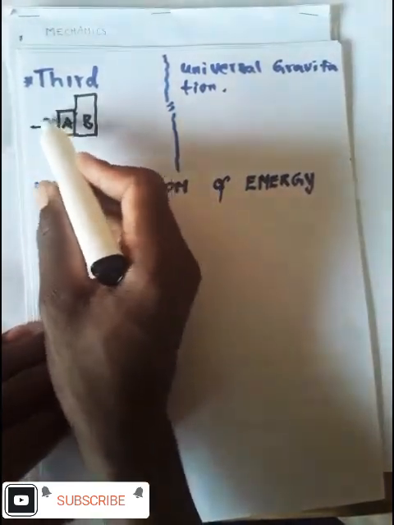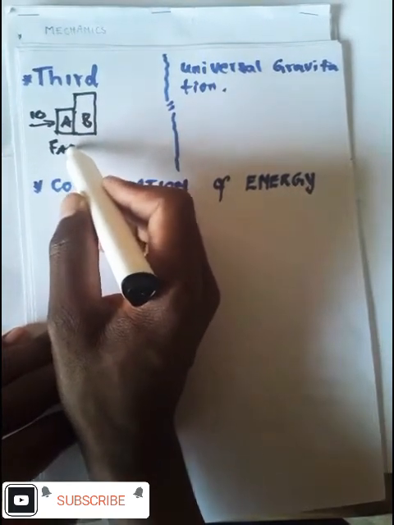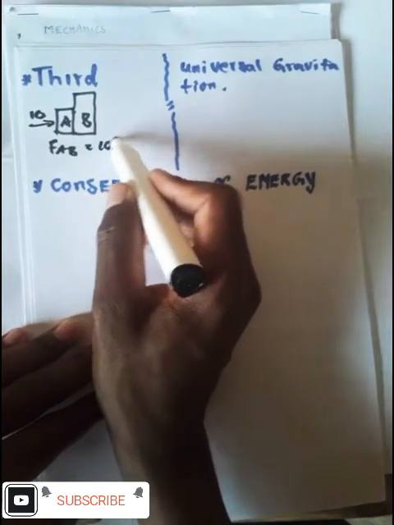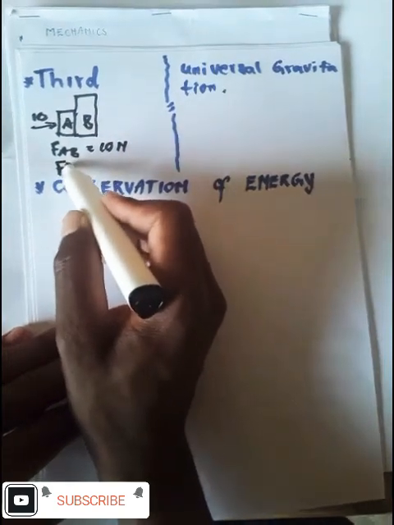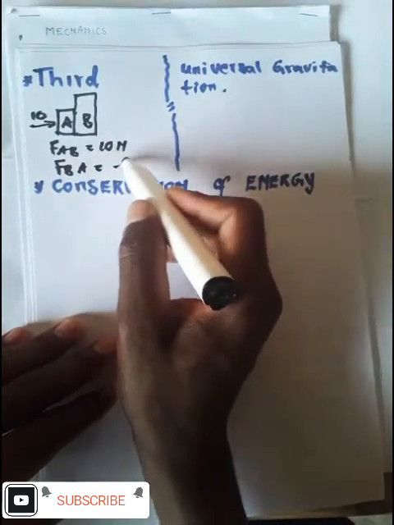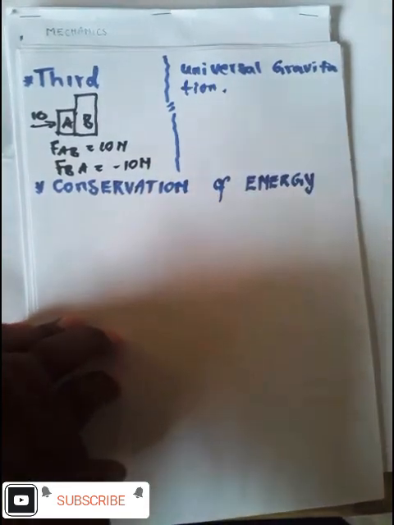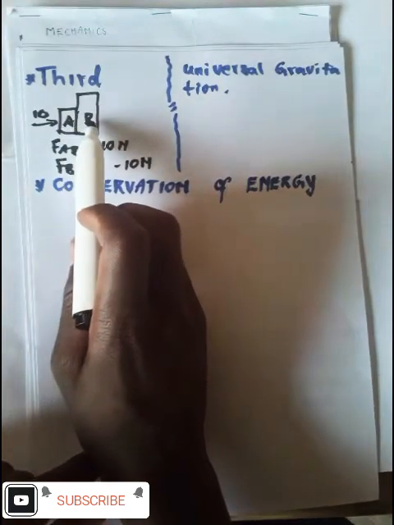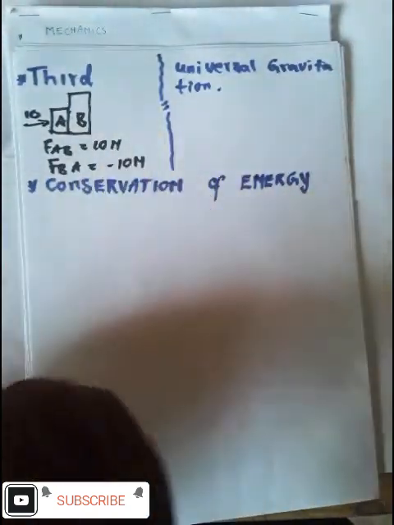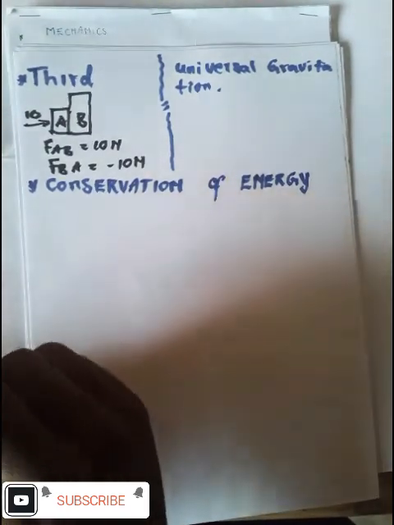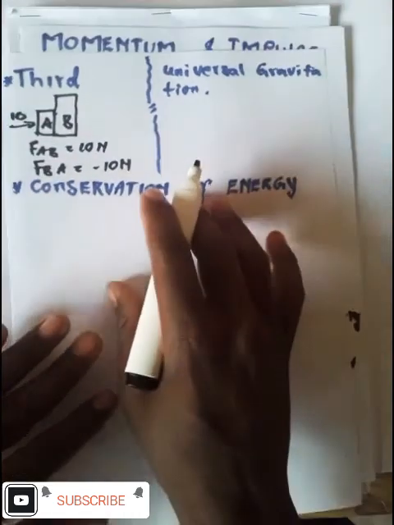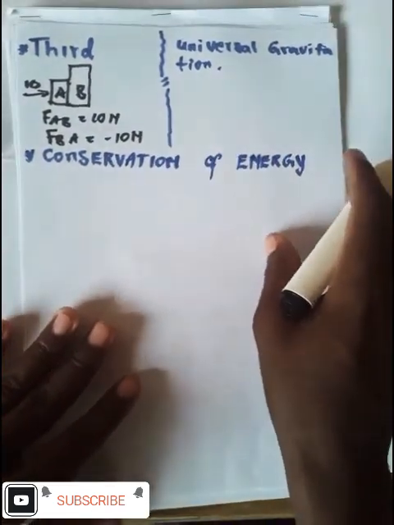If I push with 10 Newton, F of A on B is 10 Newton, so F of B on A is minus 10 Newton, because it's in the opposite direction and force is a vector. This is sometimes called action-reaction pairs.